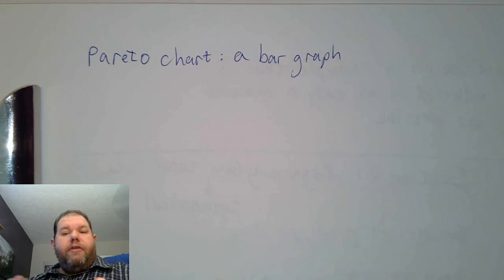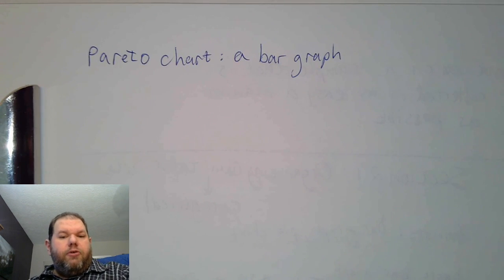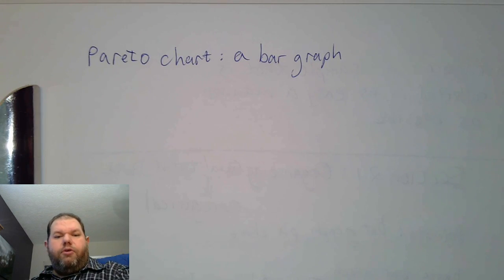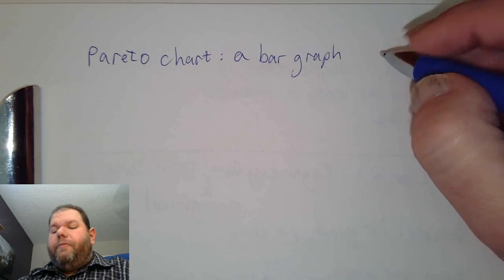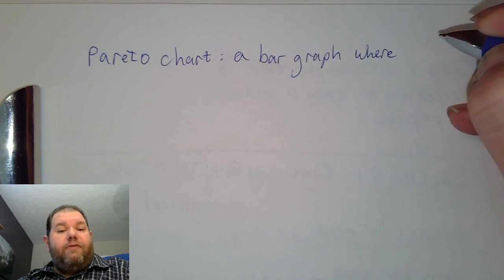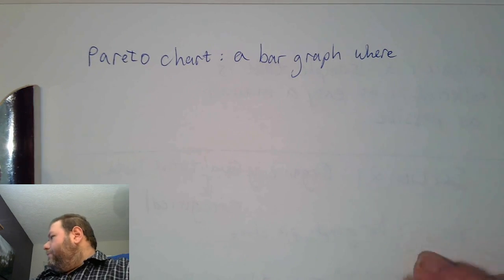The difference is, rather than being given an alphabetical order, for instance, or something like that, the bars are arranged so that the one with the highest number of responses is listed first, and then they go in descending order from there. A bar graph where the bars are arranged from highest to lowest.